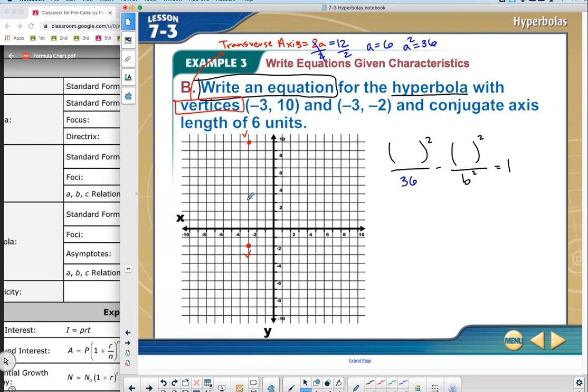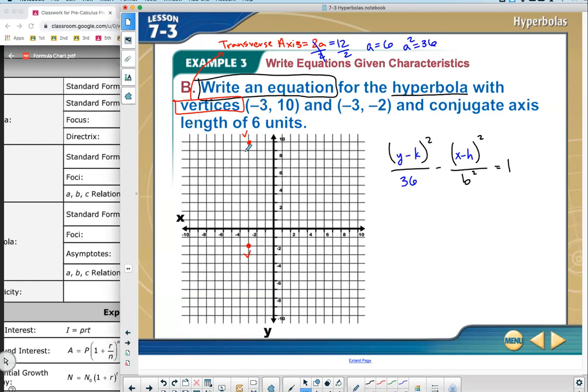Because these are stacked vertically, we can state that y minus k squared is the numerator of the positive fraction, and x minus h squared is the numerator of the negative fraction. Now let's see if we can find the center. If a is 6, we can. That means 6 units away from either point is the center.